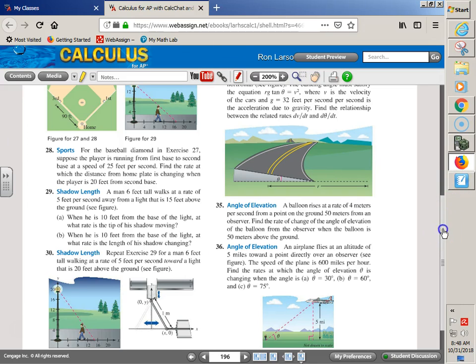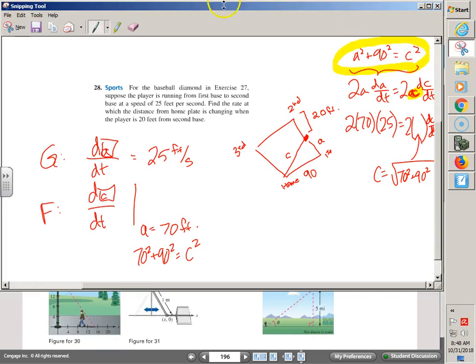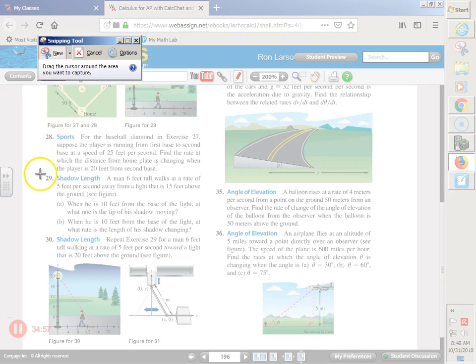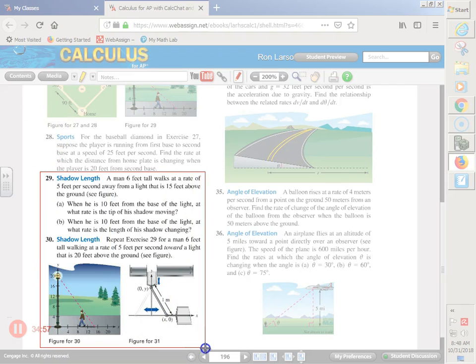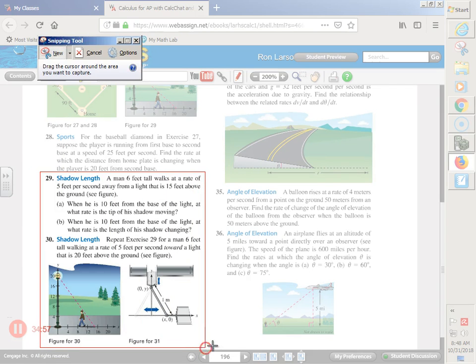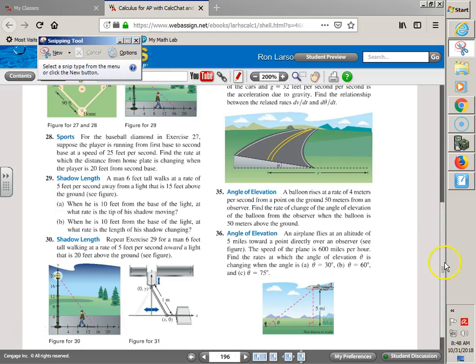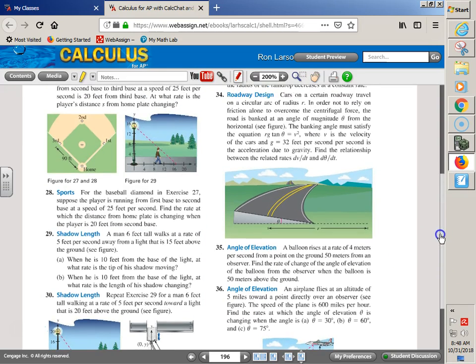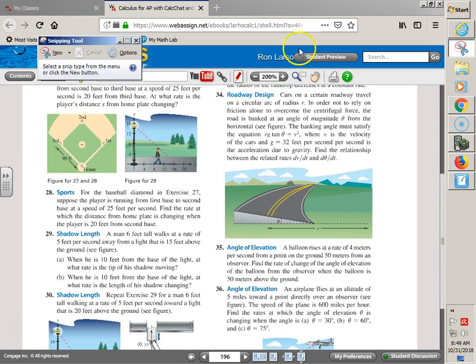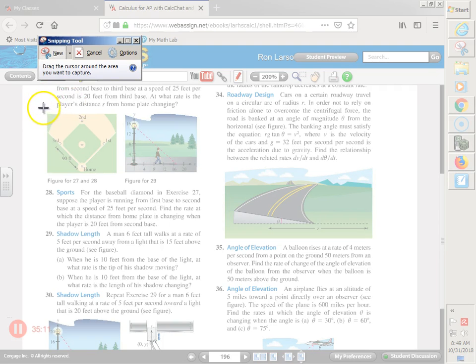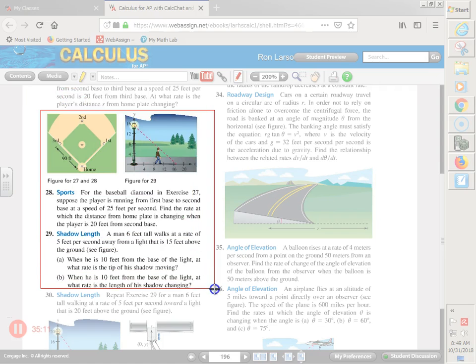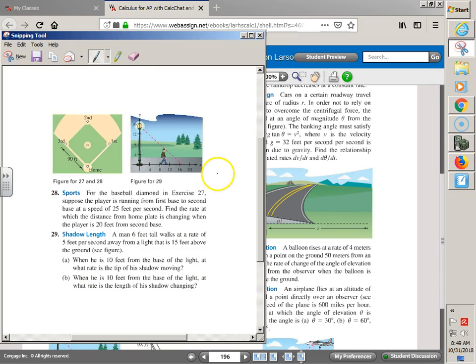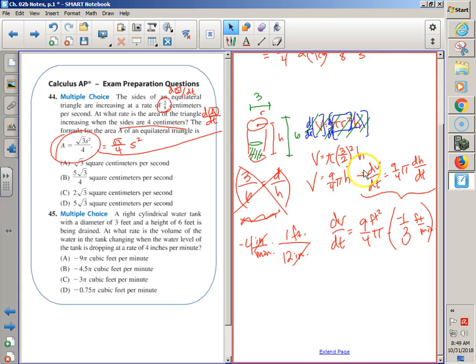The shadow problem, just a quick heads up: it's great for the AP, not so important for the test. Did you guys hear me? The shadow problem is great for the AP, not so important for the test. Which means, do you have to stress about shadow for tomorrow? No. Okay? In case that was a concern.